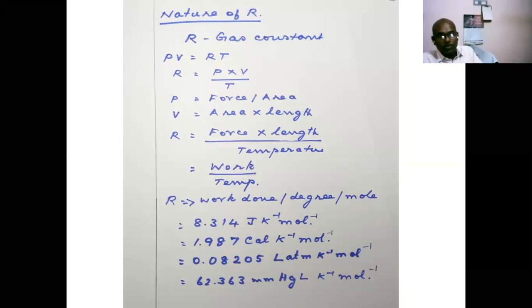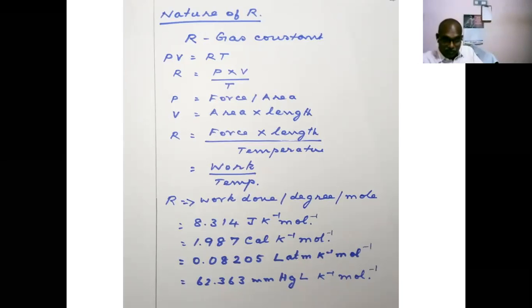Nk is equal to R, or k is equal to R by N, where N is the Avogadro number. So it was calculated by the scientist Boltzmann. Hence it is called the Boltzmann's constant, which is of high importance in thermodynamic calculations.